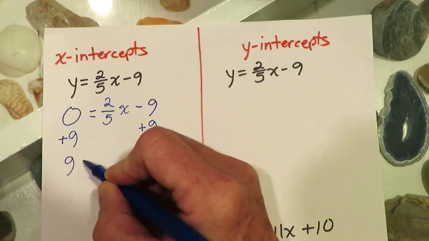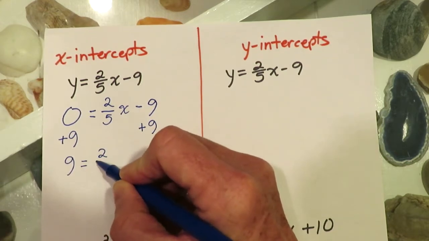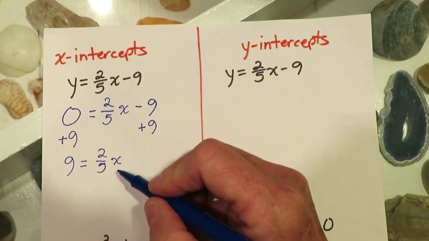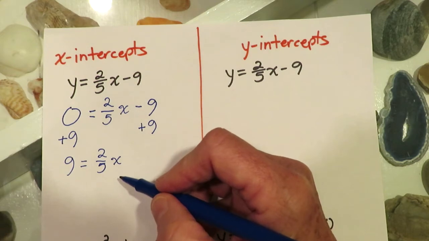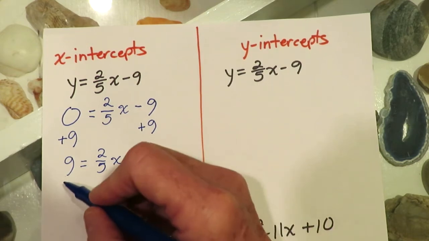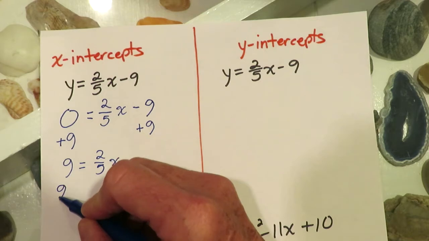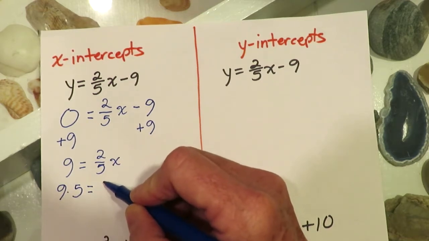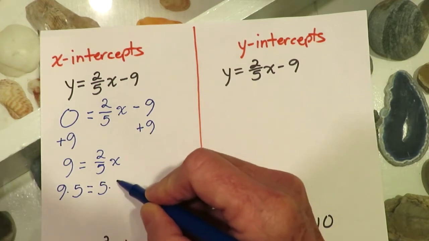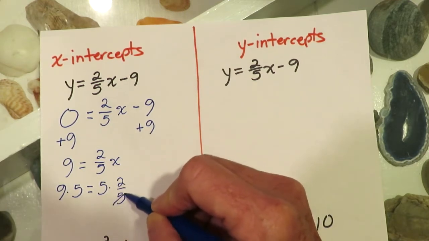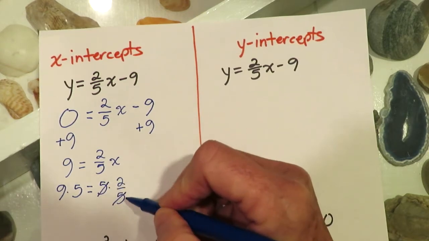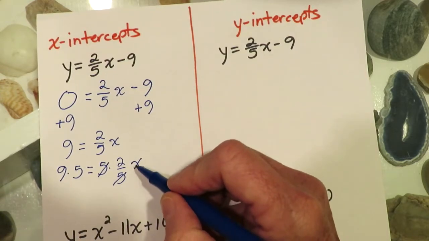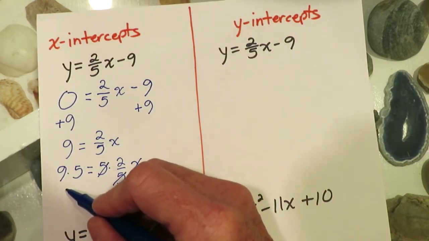So we get 9 then equals 2/5 times x, and to undo the 2/5 multiplying x, I could multiply by the reciprocal, or you could think of it as I'm multiplying by 5 to cancel the division by 5, and when I multiply this side by 5, again the 5 now in a numerator divides out the 5 in the denominator, and then to undo the 2 you're going to divide by 2.